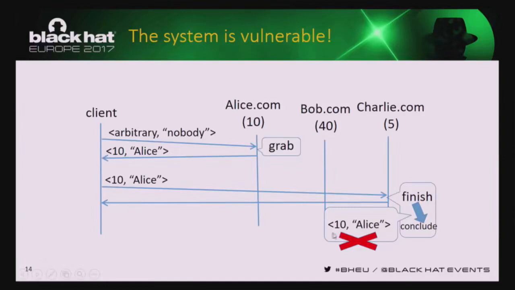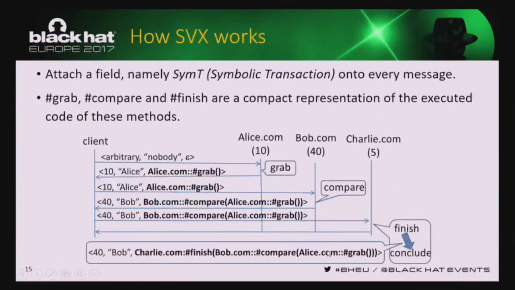Once you are stuck somewhere, you figure out that there is a possibility of a violation, and this is the attack. And as I said, in reality, this is very complicated. And SVX is quite different.